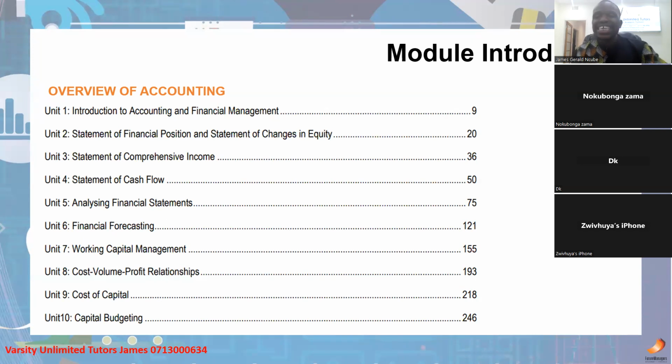You're trying to make decisions based on the financial information provided for that specific organization. That's what the rest of the units are about. Units 4, 5, 6, 7, 8, 9 are all about decision making. But the first units, from unit 1 up to unit 4, are just about understanding what finance and accounting are in the context of an organization.